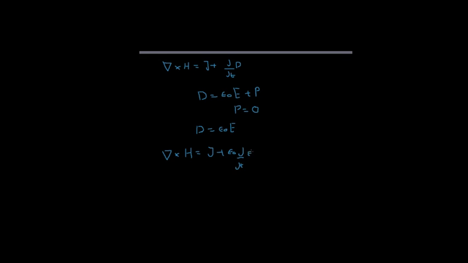We do this using the relation B is equal to mu naught H. Substituting the expression for the magnetic field into Maxwell's fourth equation yields that the curl of B is equal to mu naught J plus epsilon naught mu naught d by dt of E.